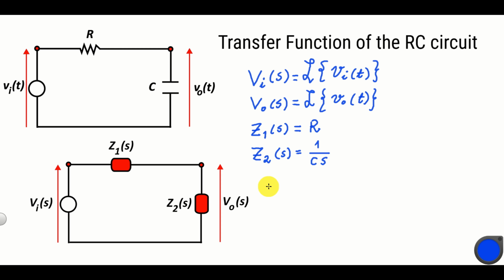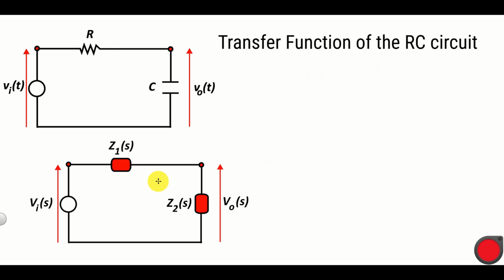Our goal is to derive a transfer function, which we denote by W of s, and this transfer function is equal to the ratio of Vo of s, that is the Laplace transform of the output, over the Laplace transform of the input, that is Vi of s. Okay, let's start with derivations.